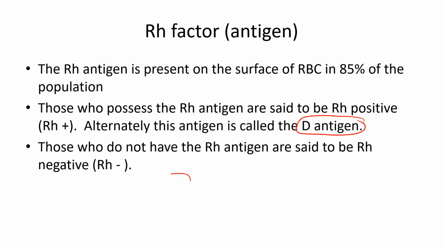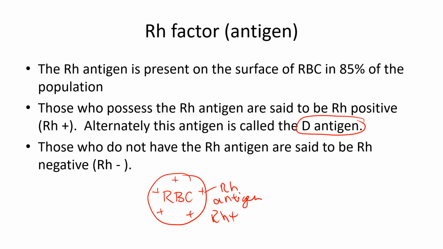So let me take a moment just to draw a red blood cell down here. And we're going to pretend that this little plus sign is the Rh antigen that we have on this red blood cell surface. So if you have that Rh antigen or D antigen, we say that you are positive for that particular antigen. So this person has Rh positive blood.